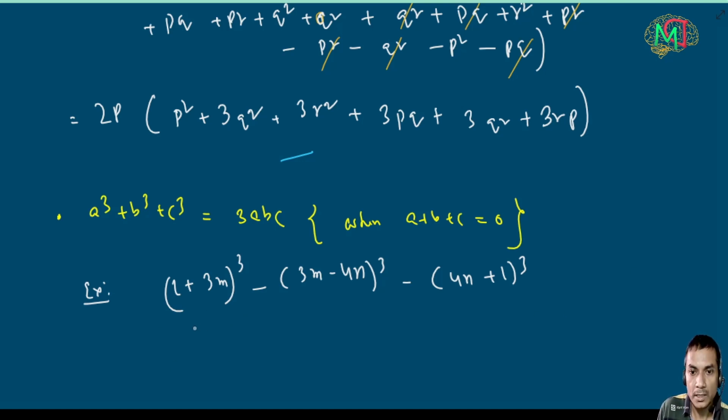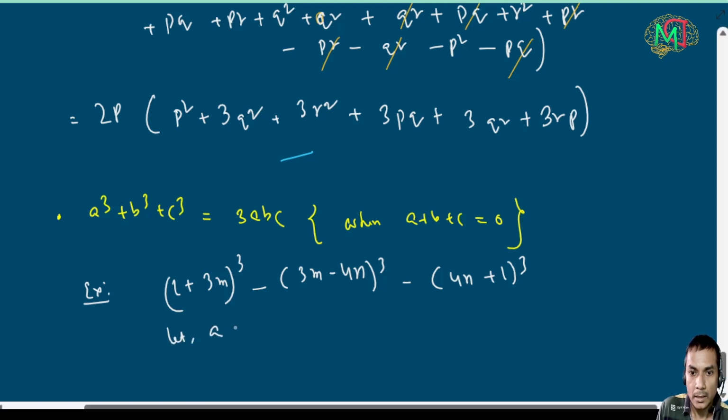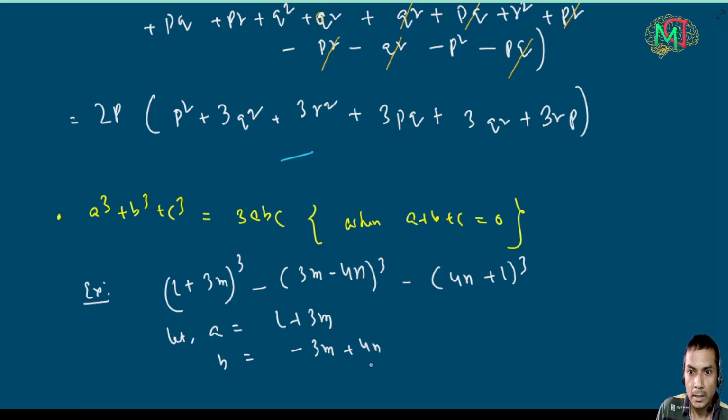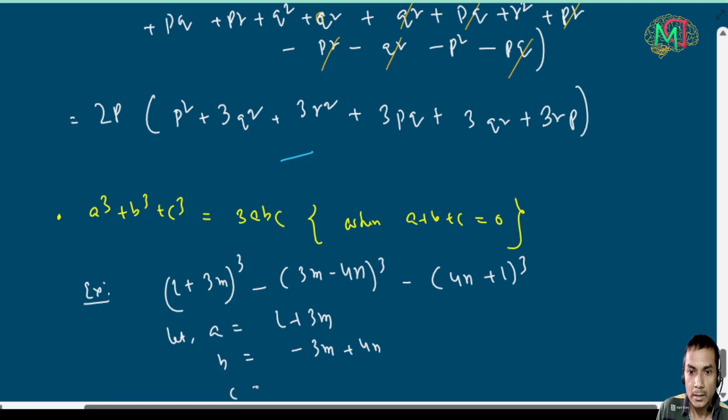So let a is equal to L plus 3m and b is equal to minus 3m plus 4n, okay, and c is equal to minus 4n minus L, okay.